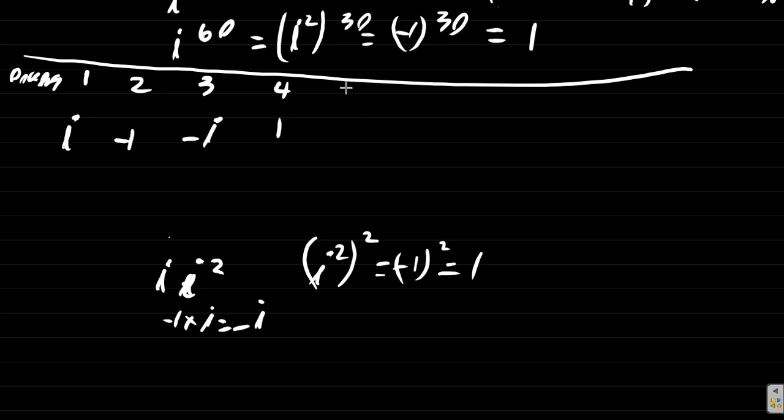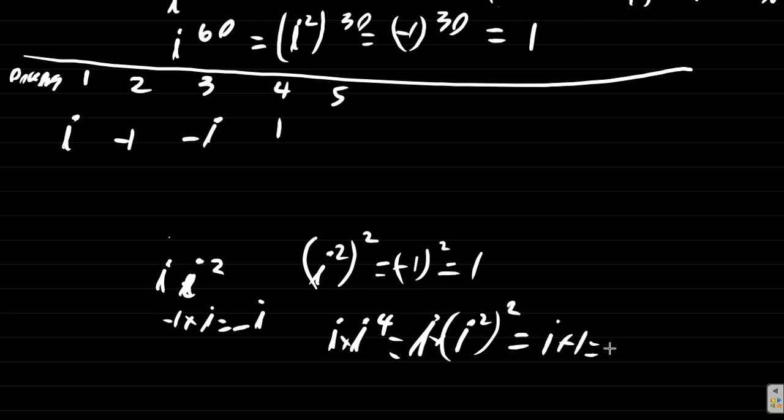Then i to the 5 is i times i to the 4th, which is i times 1, which is i.